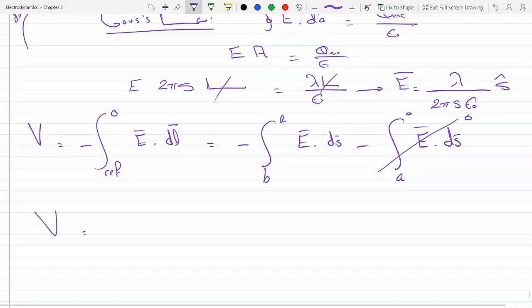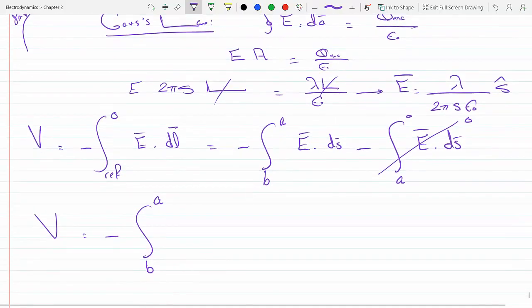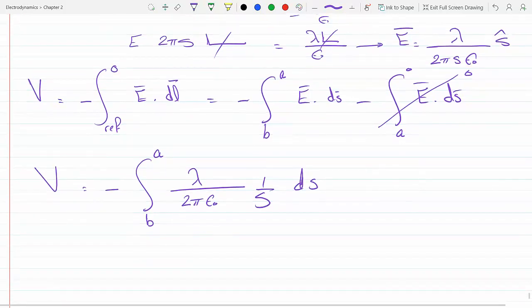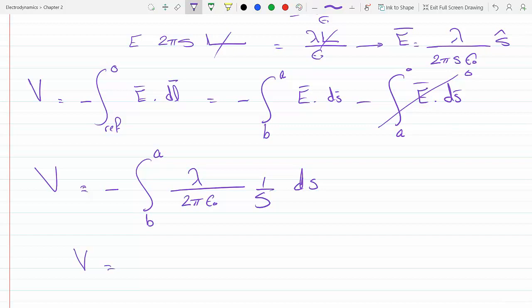So then V is minus the integral from B to A of lambda over 2 pi epsilon, 1 over S dS. And this whole thing is a constant, so it can come out.